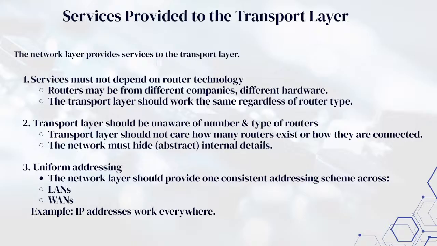The transport layer should not care how many routers exist or how they are connected. The routers hide, or abstract, the internal details. When it comes to uniform addressing, the network layer should provide one consistent addressing scheme across the LAN or WAN. For example, IP addresses work everywhere, right?